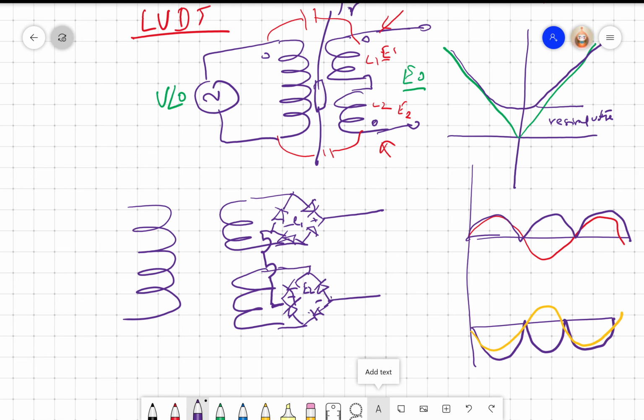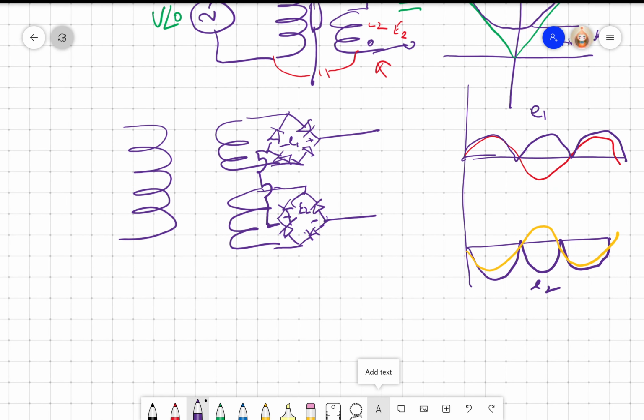So this is E1, this is E2, and if I put a capacitor here, of course there will be an average value of the capacitor, this will be the average value.